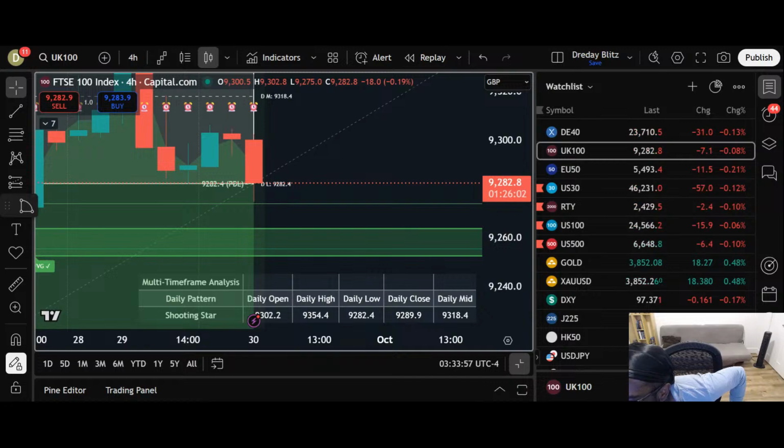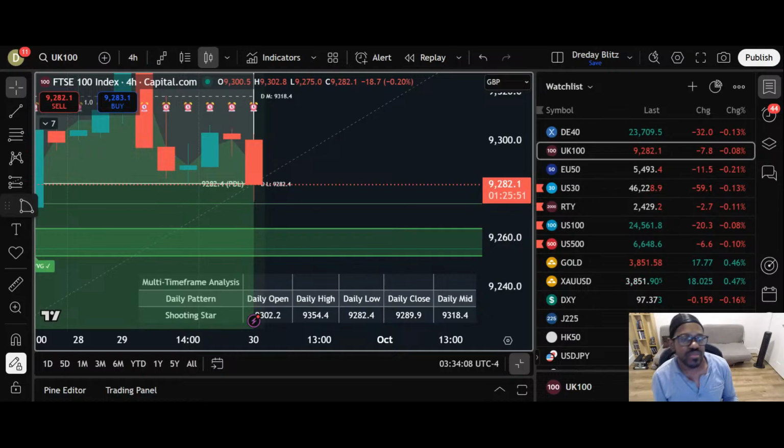Price action struggles. Yeah, it could reverse, but we'll wait and see.